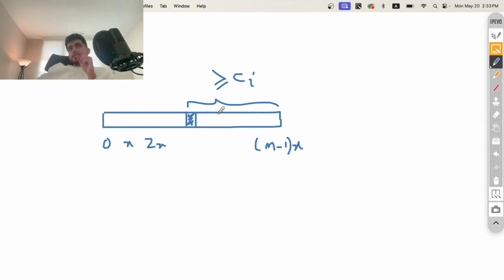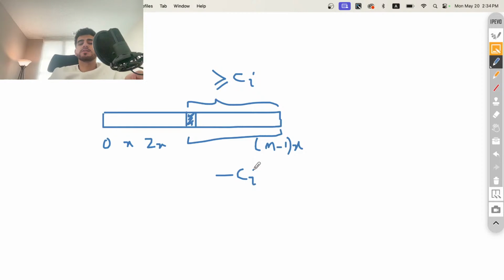If that is greater than or equal to c_i, because I have to subtract c_i from all of them and none of them should become negative, then I say ans plus plus, and I subtract c_i from all of these, and that's going to be all.